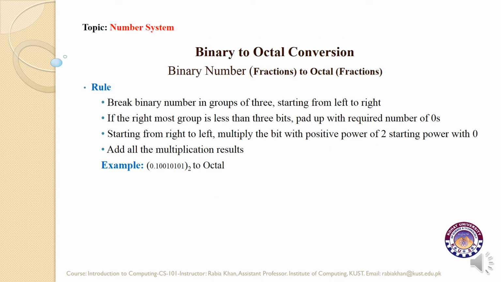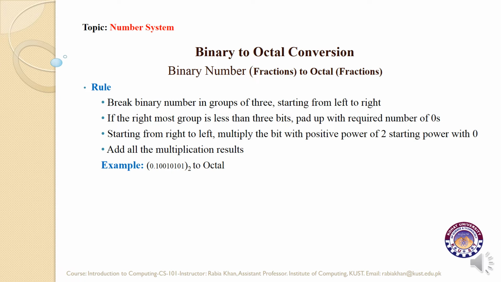Now if we are given a binary number having a fractional part, how are we going to convert it into octal number? That again will be in fractional form. The rule or the method is in front of you. We need to follow the same rule as we followed for the whole binary number. We need to break up the binary number in groups of 3 bits each. But this time the grouping must start from left to right, keeping in mind that the grouping must start from the decimal point.